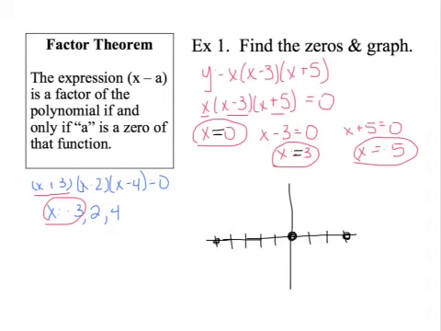So we had 3 factors. We probably have a cubic degree, which means, is it going to go down up for the end behavior or up down? Well, take a look at our factors. We had a positive x here, a positive x from the second factor, and a positive x from the third factor.